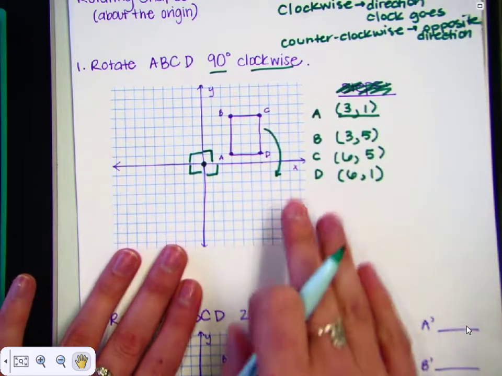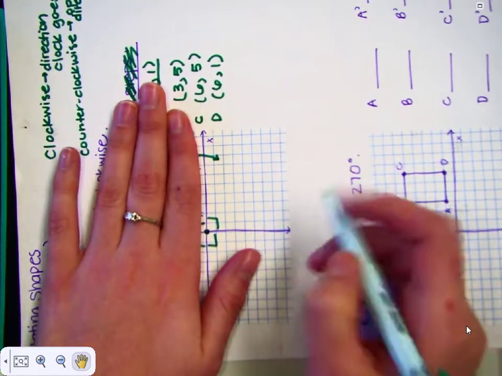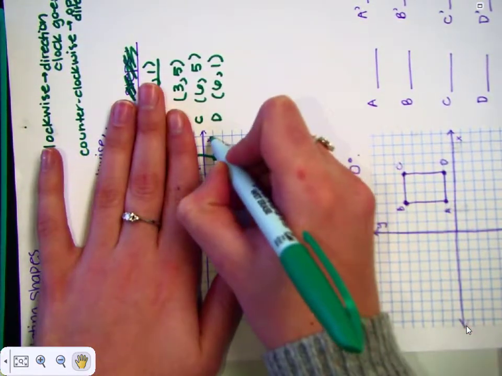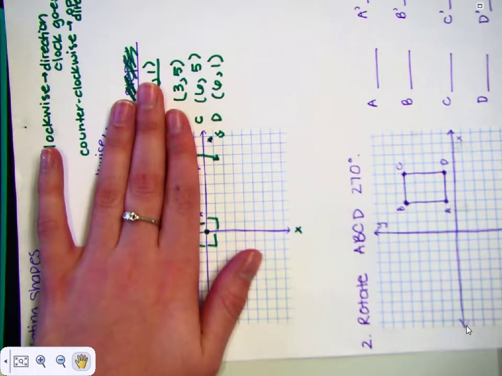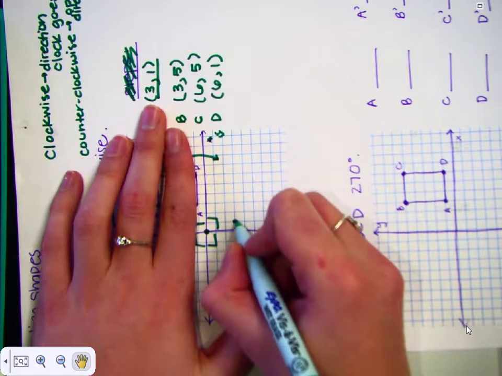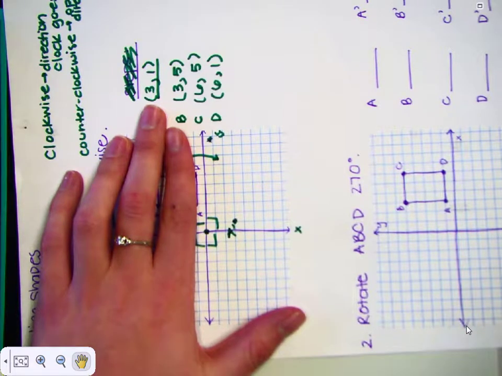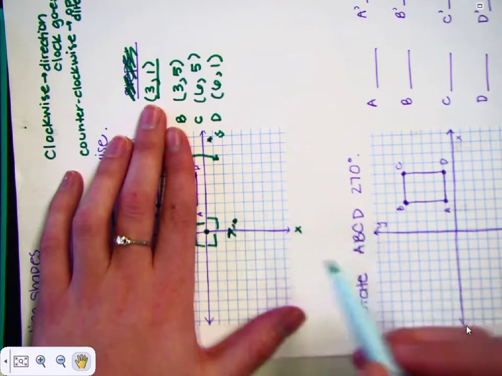Okay, so now when we rotate our shape, you're going to act like this is now your X-axis and this is now your Y-axis. So now I'm going to plot just as if this were my X or my Y. So the point (3, 1) would be 3, 1. This would be my A prime. That's my new point. Remember, we label new points with a prime or an apostrophe.